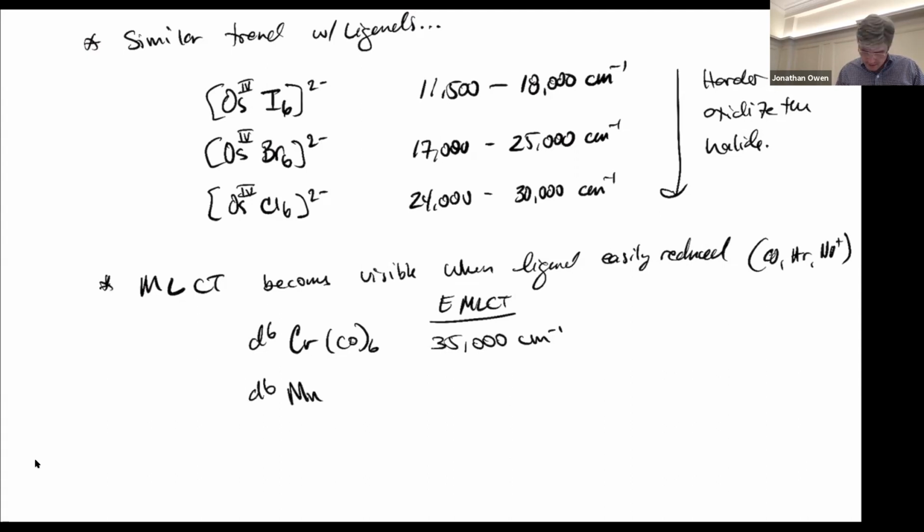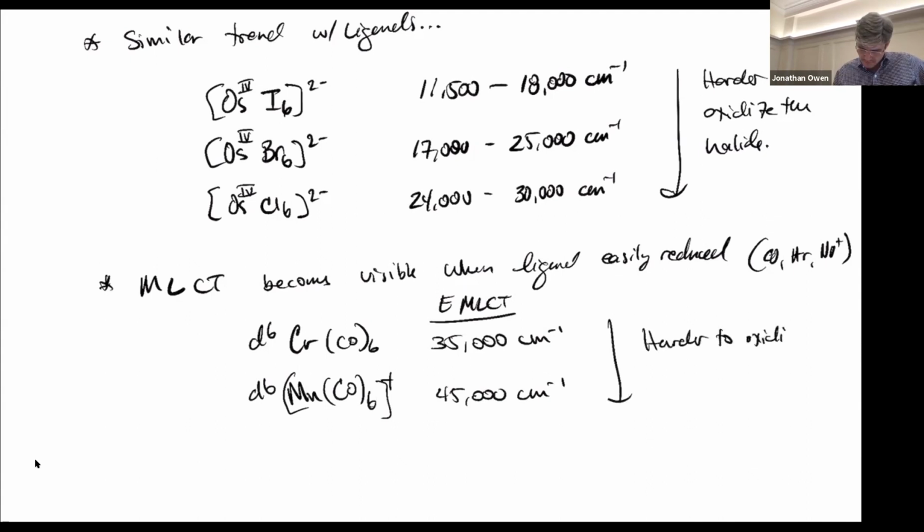You go over to manganese, the D6 ion is positively charged. Harder to oxidize the metal, so the energy of the transition goes up.